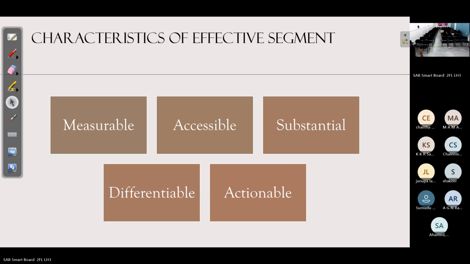Measurable, meaning ability to measure size, purchasing power of the selected segment.